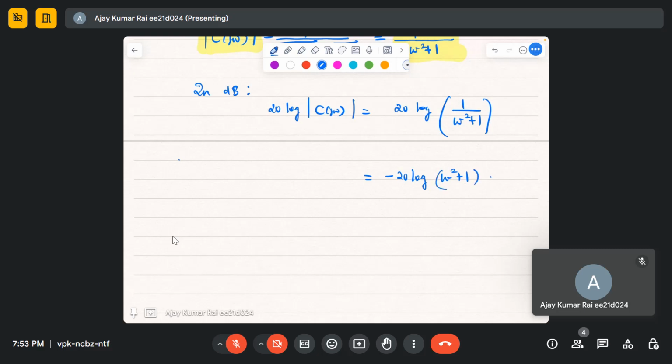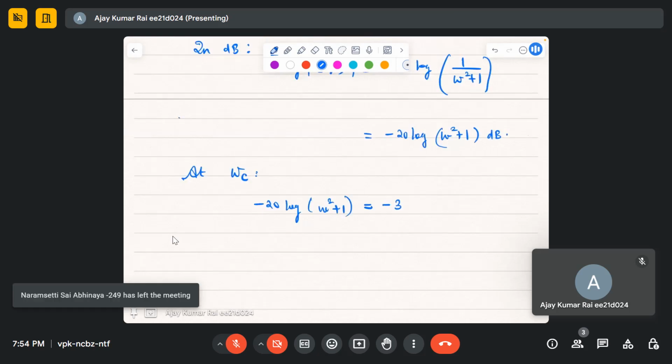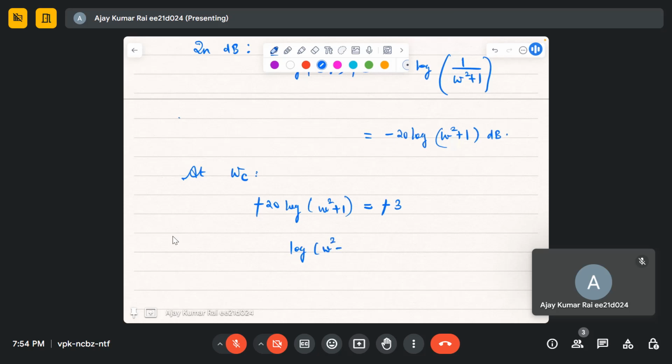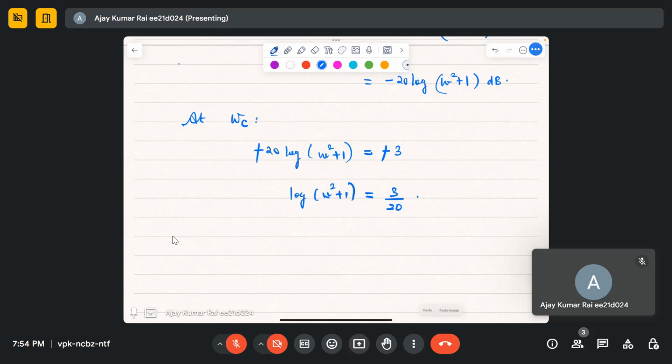At cutoff frequency, this magnitude is equal to minus 3 dB, right? So I'm just equating in dBs, magnitude in dBs. So you will get omega square plus 1 equal to 10 raised to 3 by 20.